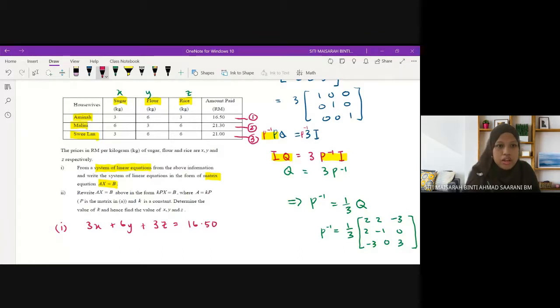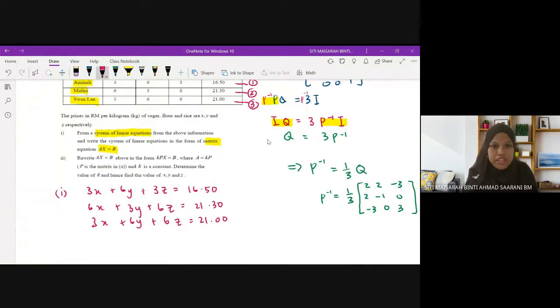And then the second one for Malini, 6x plus 3y plus 6z equals to 21.30. And Swilan, 3x plus 6y plus 6z equals to 21.00. Okay, this is your system of linear equations.